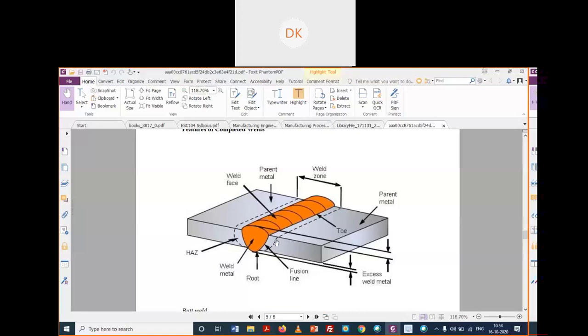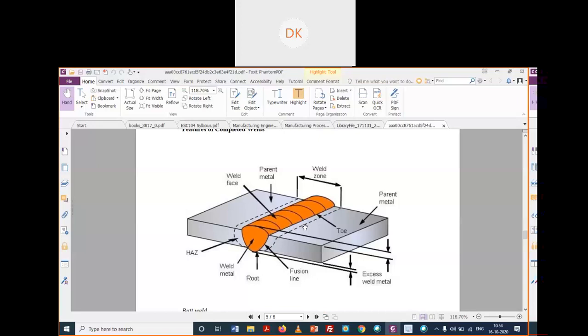In case of the welding process, what are the things that are there? One is heating. Heating is the only thing which is constant with the welding processes. So you have to put heat to join the material, that is fixed.